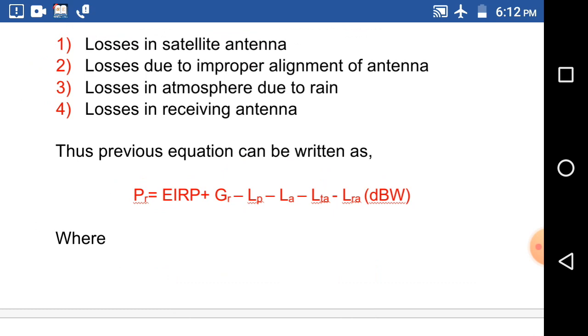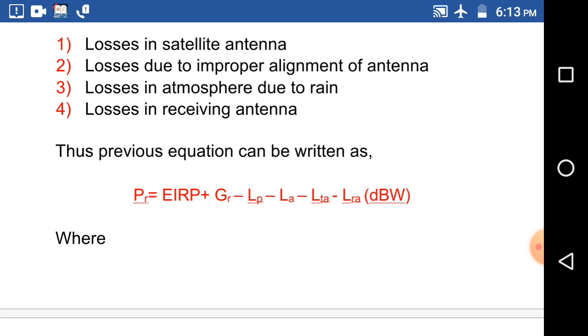So the modified link equation with losses is PR equals EIRP in dB plus gain of the receiving antenna in dB minus path loss in dB minus antenna loss in dB.